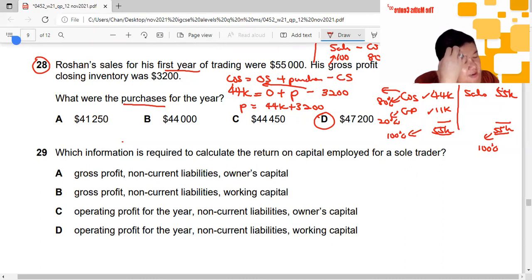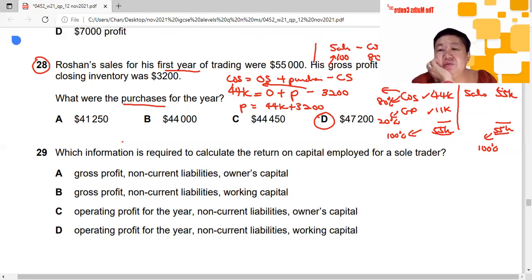A little bit old-fashioned, but very useful. Sales 55,000 on the right hand side, split it 80-20. 80% of that is the cost of sales, 20% is the gross profit. Cost of sales by definition is opening stock plus purchases, less closing stock. So fit in the figures and voila, you get your answer. Very simple, very quick. You can play this video again if you need to listen to it again.